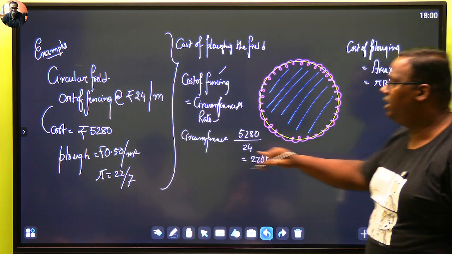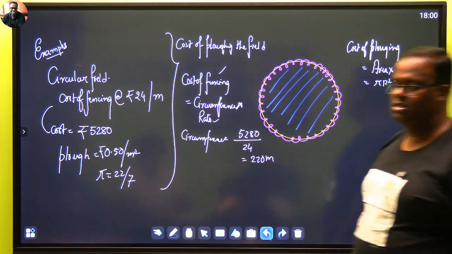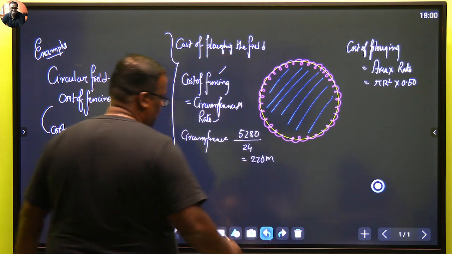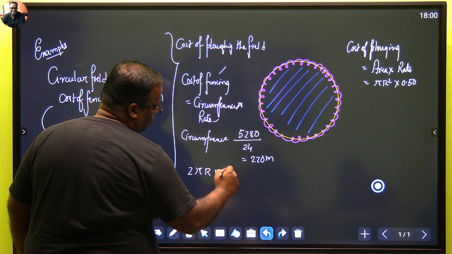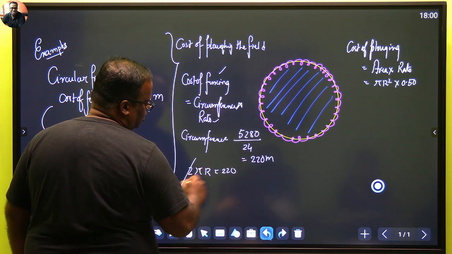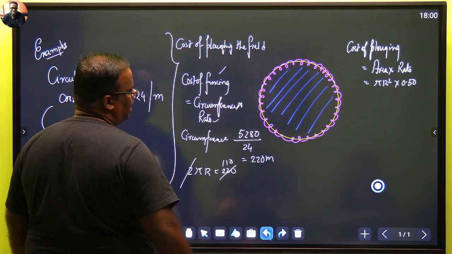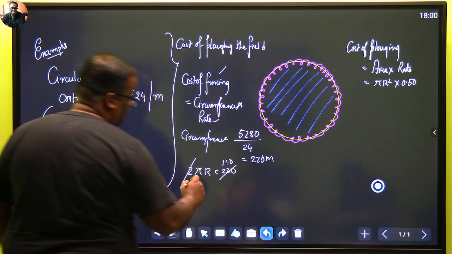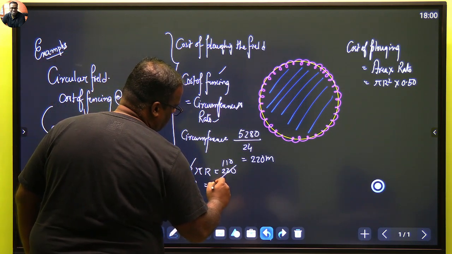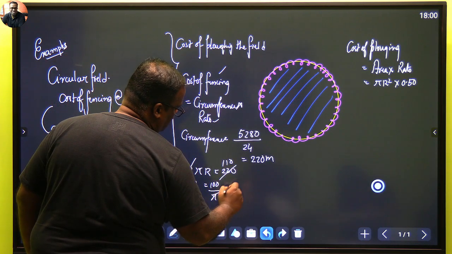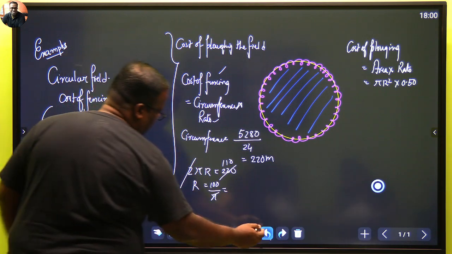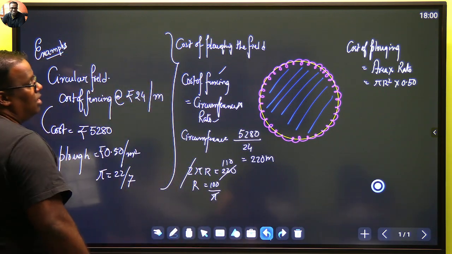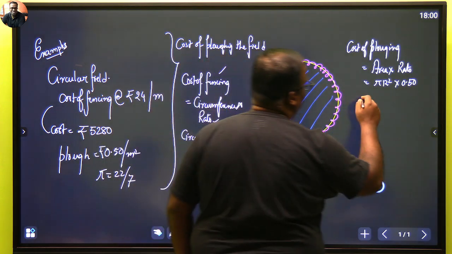This r square data will come out from the circumference. So let's see the circumference. 2 times pi into r should be equal to 220. That means 2 cancels 220 as 110, right? And r should be equal to 110 over pi. You can just keep it as 110 over pi now. It makes it a little bit easy. This is my radius.